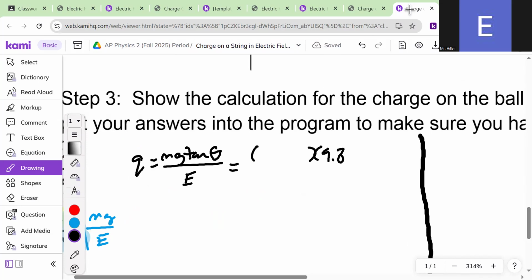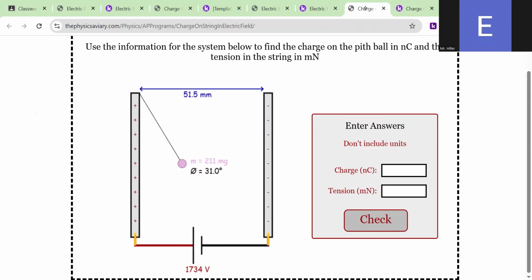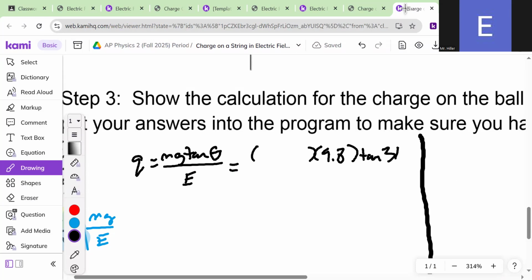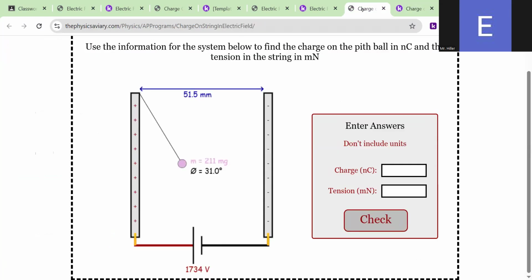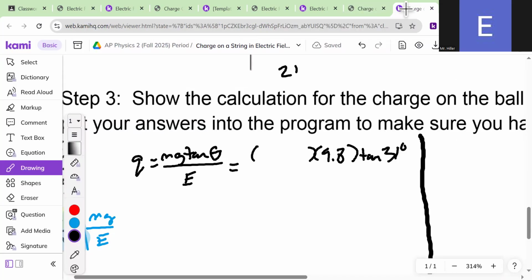Let's put these values in our program. I know G is going to be 9.8 times the tangent of 31 degrees. The mass is 211 milligrams. Okay, you've got to convert milligrams into kilograms. If you remember your metric staircase, milligrams is all the way at the bottom, kilograms is all the way at the top.